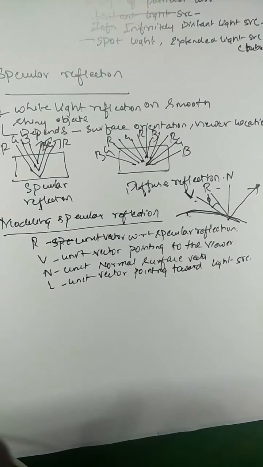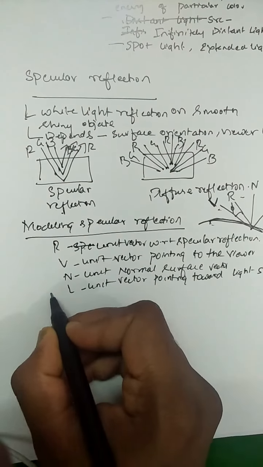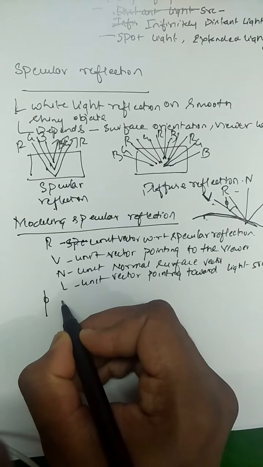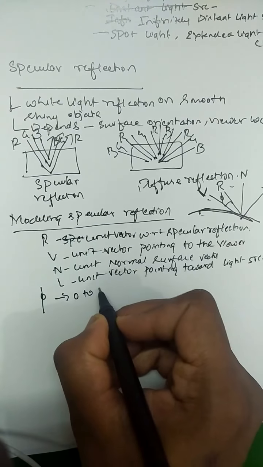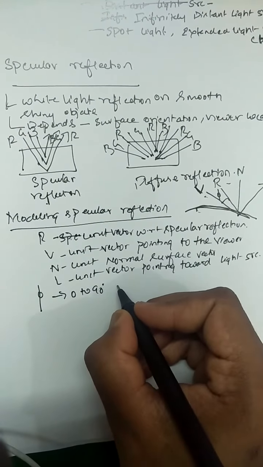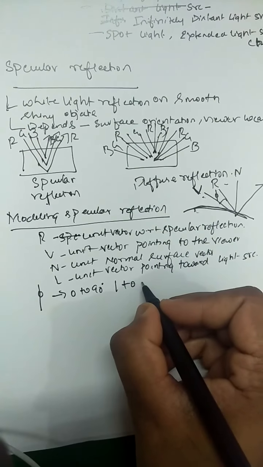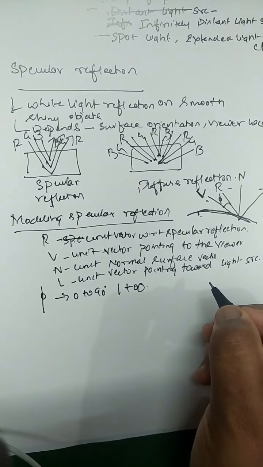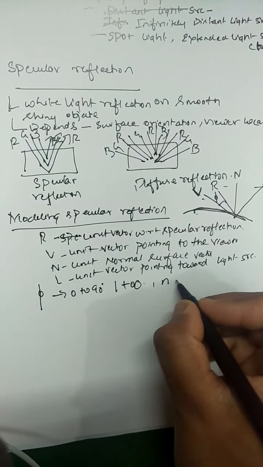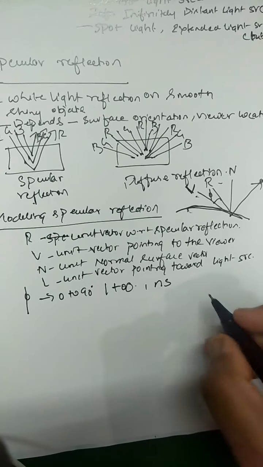Fine. And this angle phi can be assigned the values 0 to 90 degrees, so that cos phi varies from 1 to 0, and we have a variable ns.